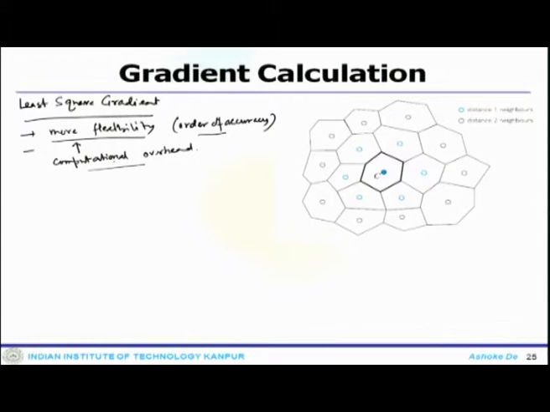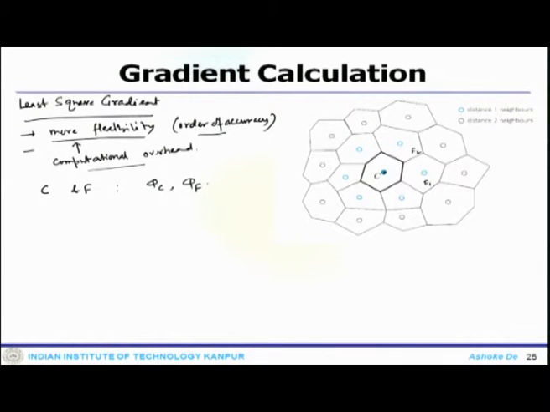So let us look at this particular stencil. Here the cell which we are concerned with is cell C, and these are all the neighboring cells, and then we can have an exchange between C and F. So this could be F1, F2 like that, and we need to get the information of phi C, phi F and all this.